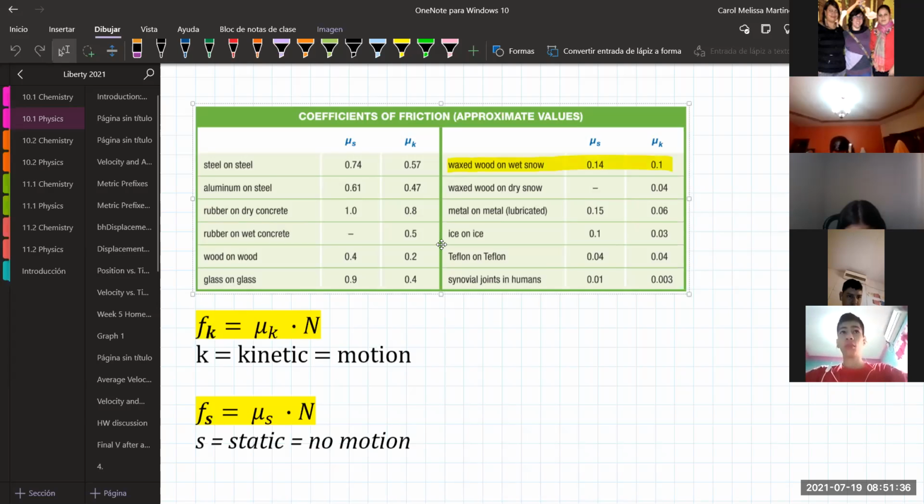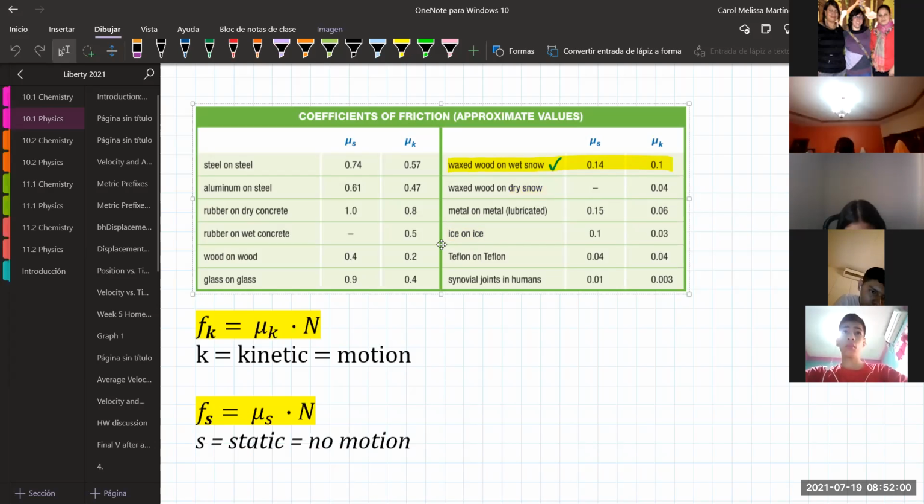Okay, and here we have on dry snow, and there's nothing more about it. And then we have ice on ice, but no, okay? It's just not the same situation. The only one that fits perfectly is this one, the first one, okay? So we're gonna focus on the first situation.